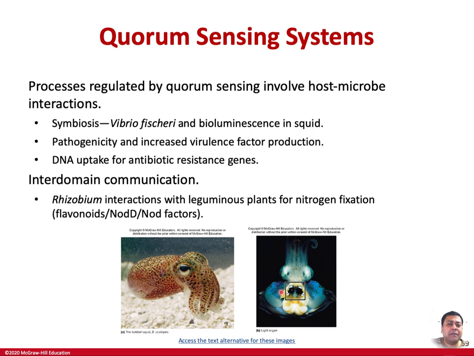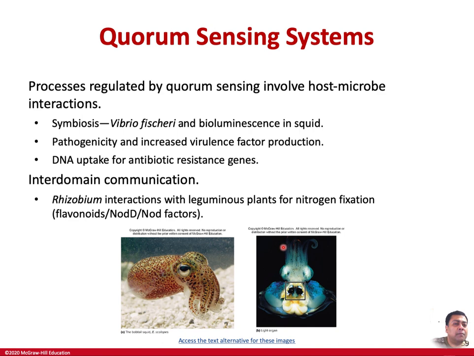Thus, the outline of the squid appears as bright on the water surface to potential predators looking up through the water column. The light organ is colonized by a large number of Vibrio fischeri cells, and these produce autoinducers, which accumulate to a threshold concentration, triggering the light production. So this is a classic example of this quorum sensing system.